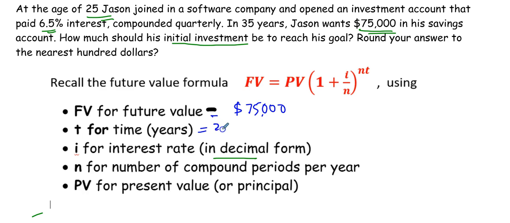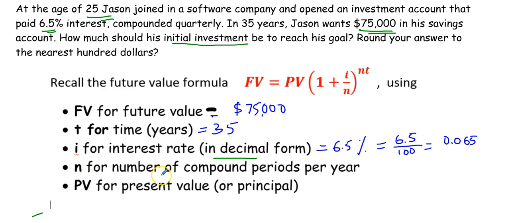And the rate of interest is 6.5%. To change it into decimal form, it is 6.5 divided by 100, since percent means per 100. So 6.5 over 100 is 0.065.